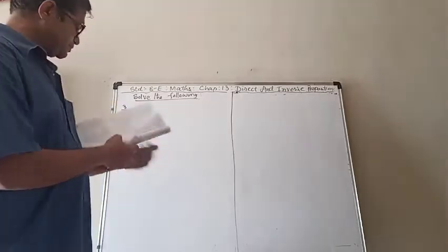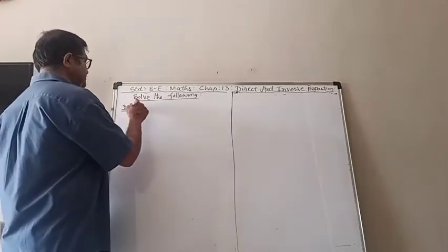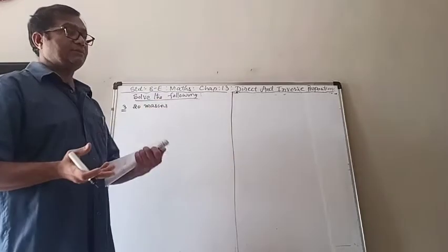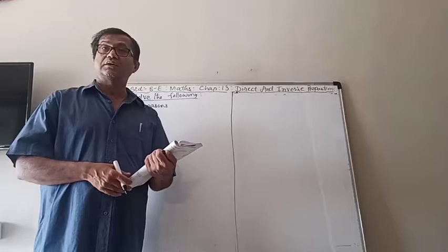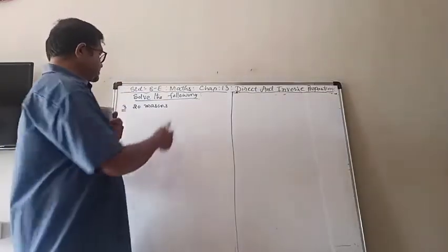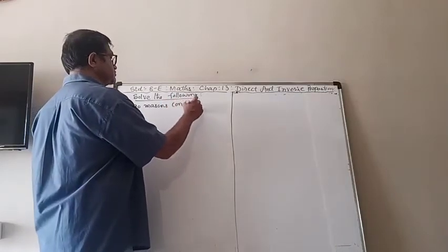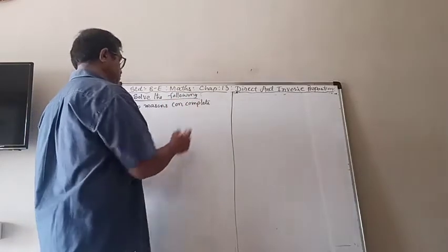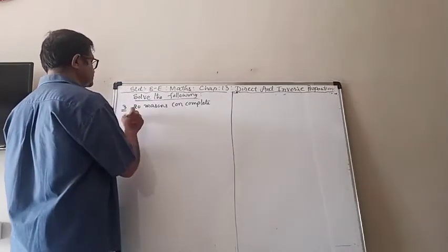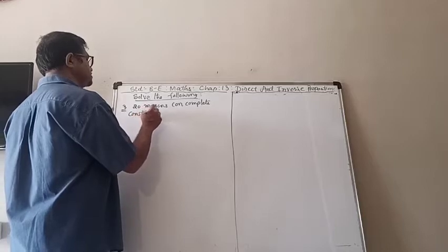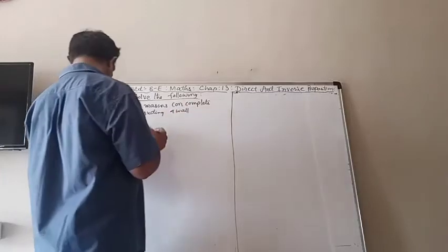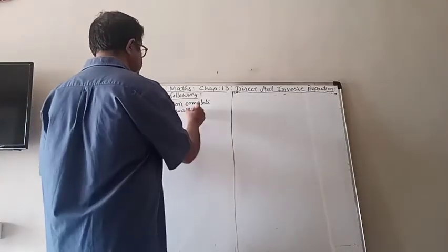Now the next question. 20 masons can complete constructing a wall in 6 days.